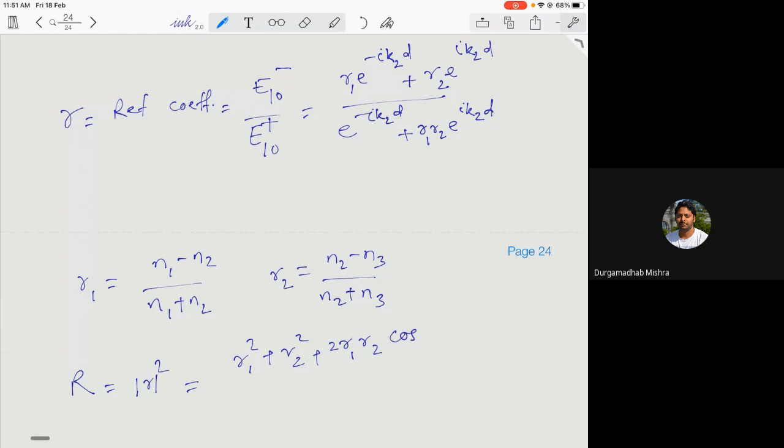You will only have the real part, because this is the complex one, but you are taking the square. So this is 2R1 R2 cosine 2k2d.